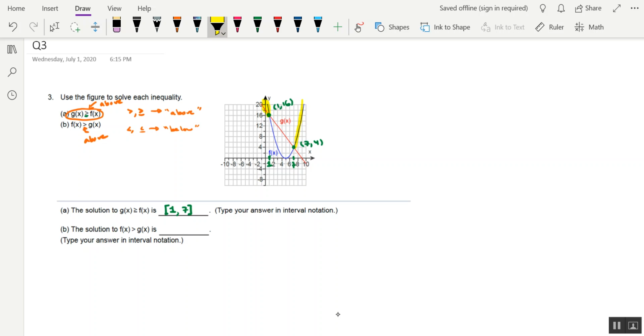So for this inequality, we actually want what's on the outside of the numbers 1 and 7, so to speak. In other words, the x values that correspond to the part to the left of 1, 16 are those from negative infinity all the way up to 1, and the x values that correspond to the points on the graph of f of x to the right of 7, 4 are those from 7 all the way up to positive infinity.